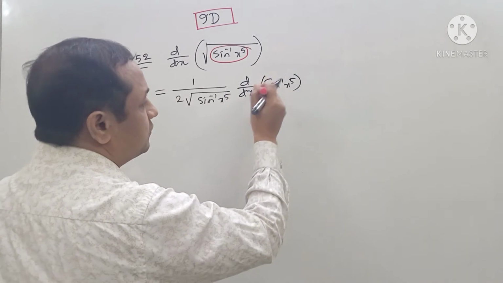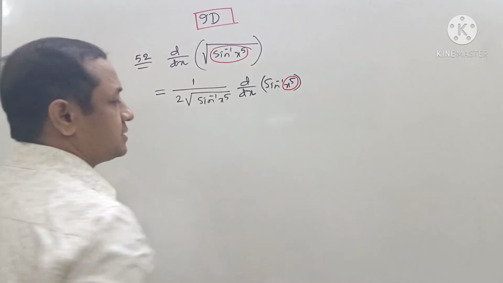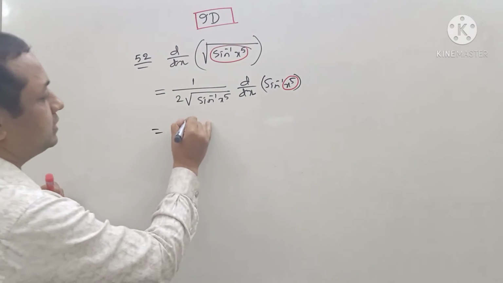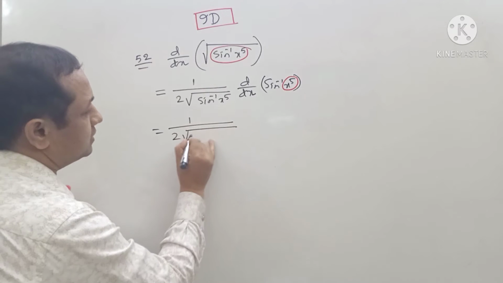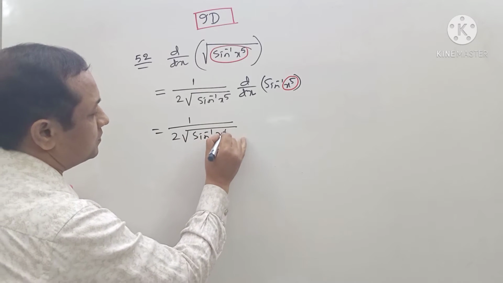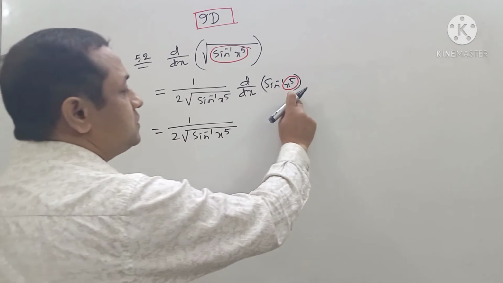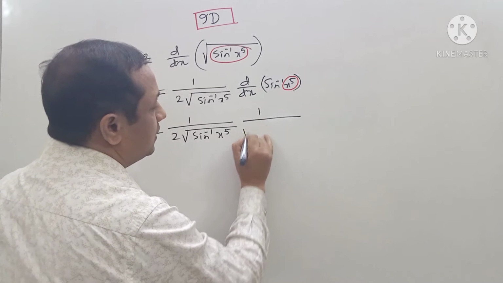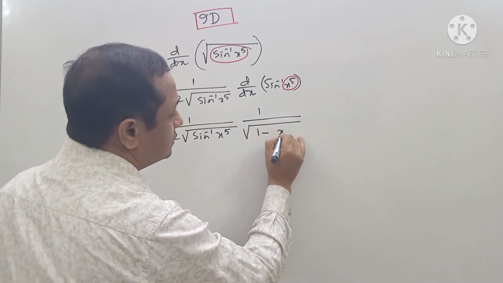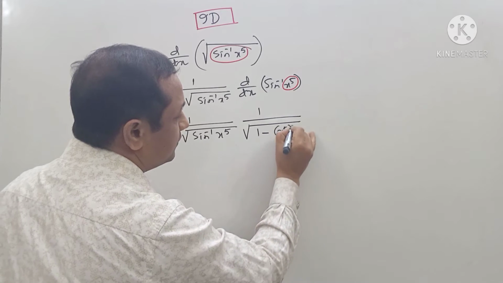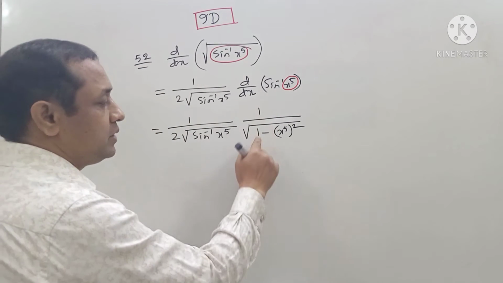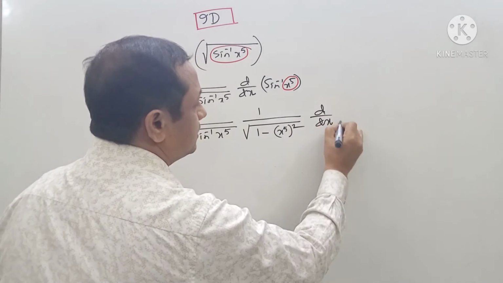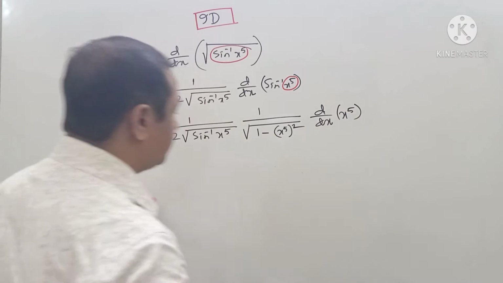Again, here using the formula d/dx of sin⁻¹x, here x is x⁵. Now next line, 2 root over (sin⁻¹x)⁵, and again using the formula, d/dx of sin⁻¹x means 1 by root over 1 minus x², here x is x⁵, then whole squared. 1 by root over 1 minus x². Again differentiating with respect to x of x⁵.